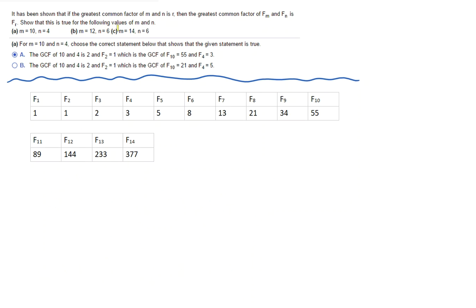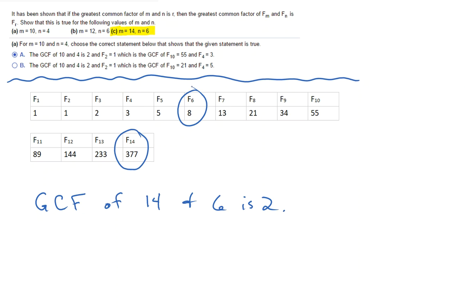Alright, let's go ahead and go through the third option here, part C, and see what that looks like. So our numbers are 14 and 6. The GCF of 14 and 6 is 2, but really that's not part of what's being an option here.